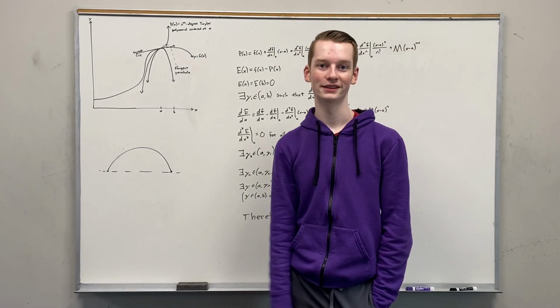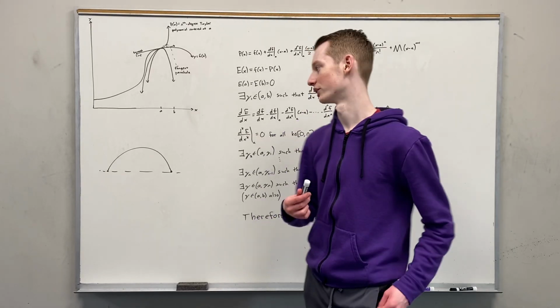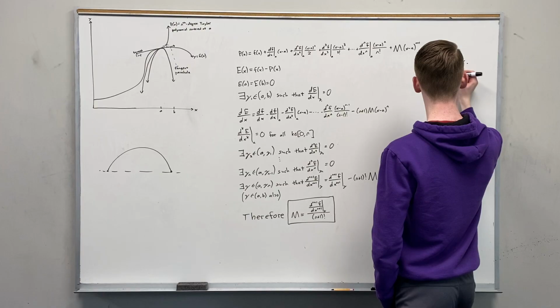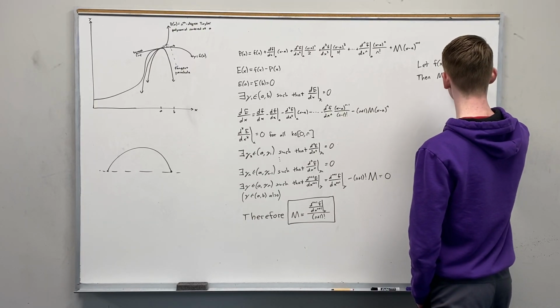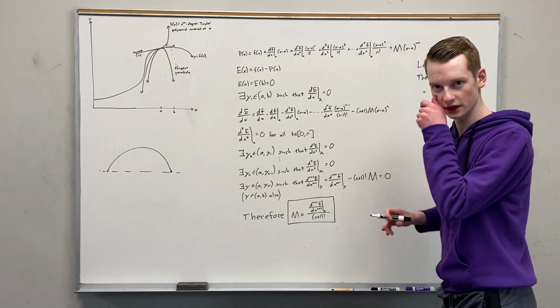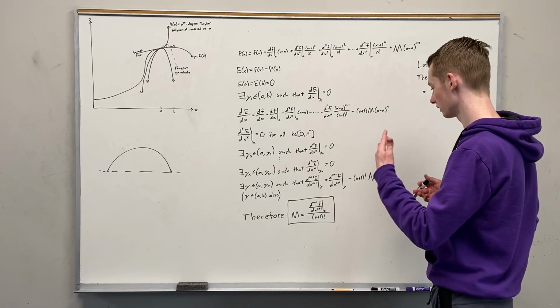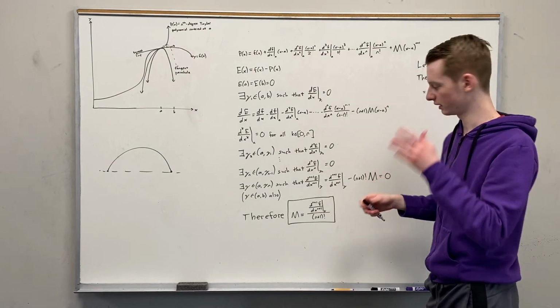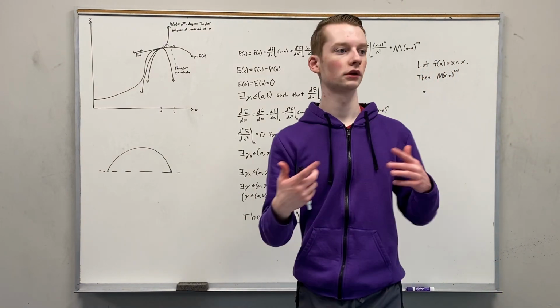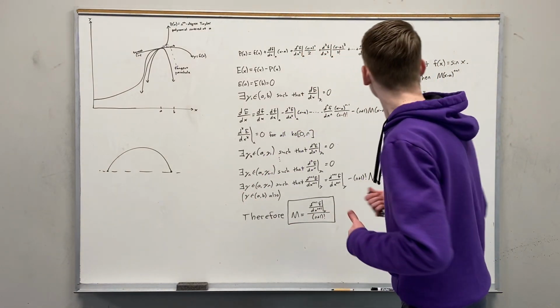Ever wondered how to calculate sine of any angle? We're about to. Because guess what? Let f be sine, then m times x minus a to the n plus 1. So we know that the nth degree or n plus 1th degree derivative of sine is going to be sine or cosine or negative cosine, right?